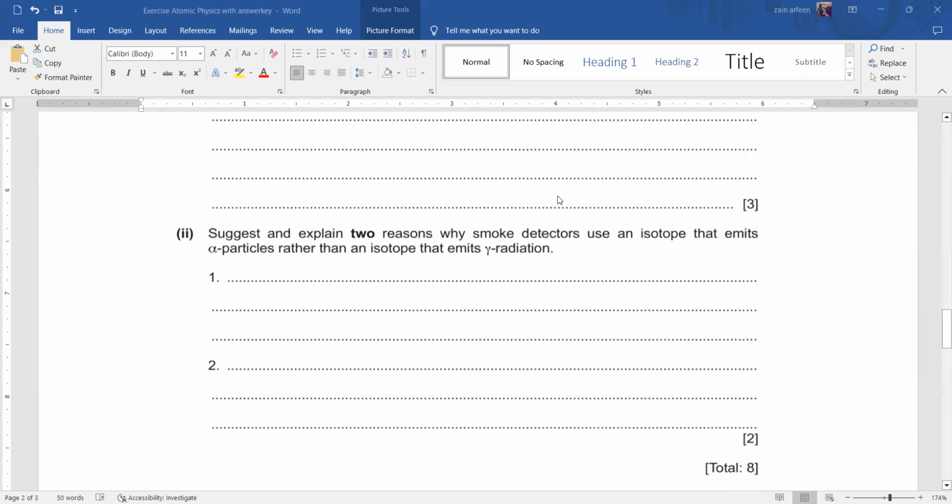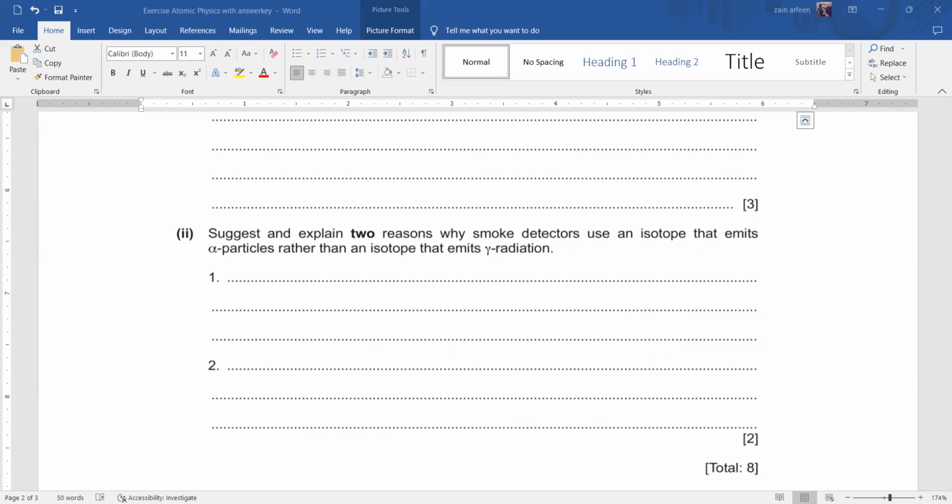The next part asks to suggest and explain two reasons why a smoke detector uses an isotope that emits alpha rather than one that emits gamma. Why don't we use an isotope which emits gamma? Number one, alpha can ionize the air easily, it is highly ionizing compared to gamma.